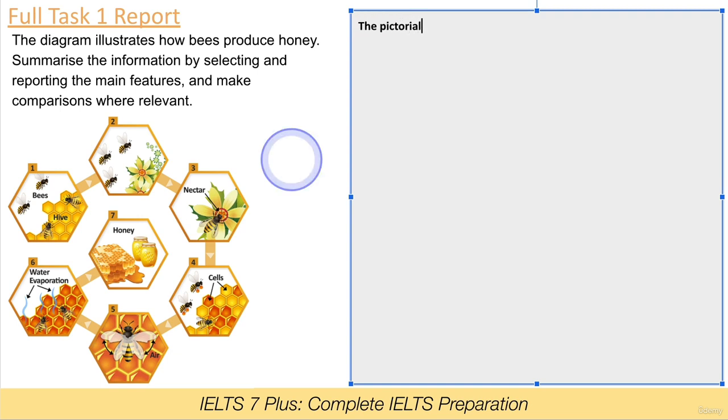We could say something like the pictorial below demonstrates the process of how bumblebees, just to change the word formats a little bit, it's difficult to paraphrase entirely, I would just keep honey as it is there. The pictorial below demonstrates the process of how bumblebees make honey.